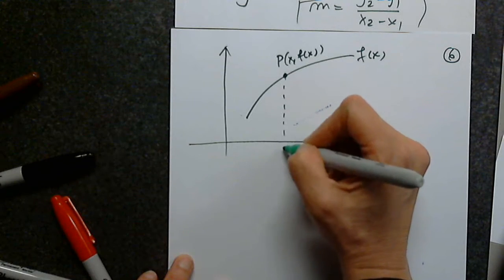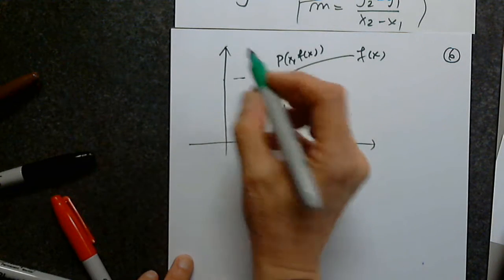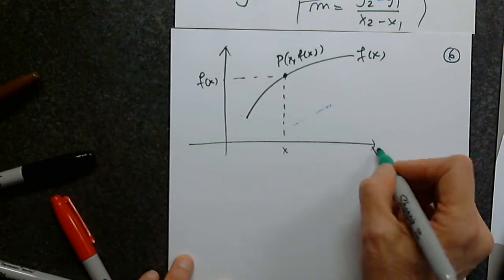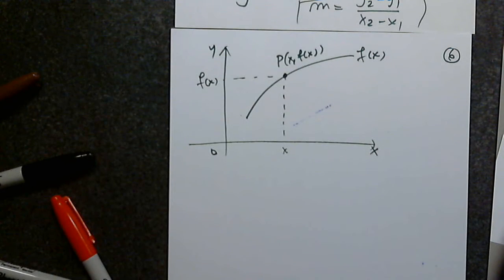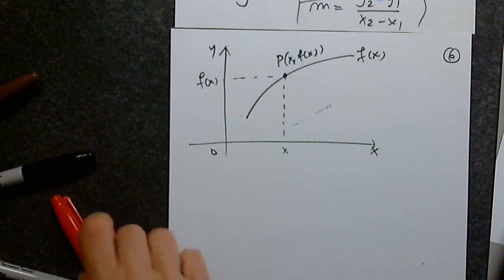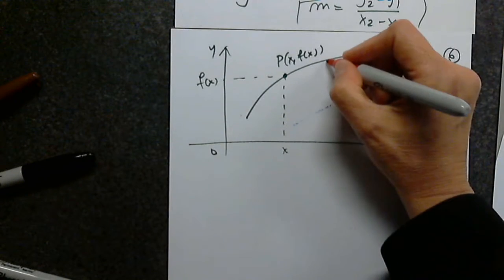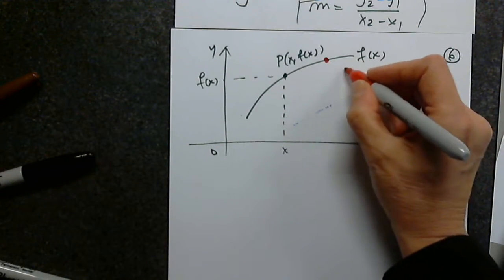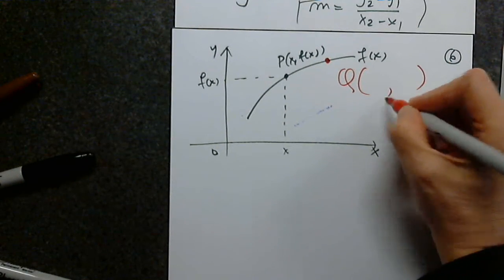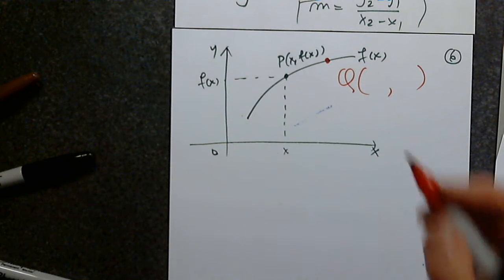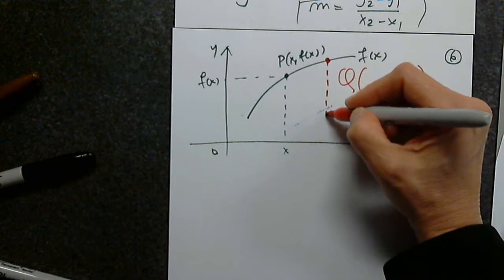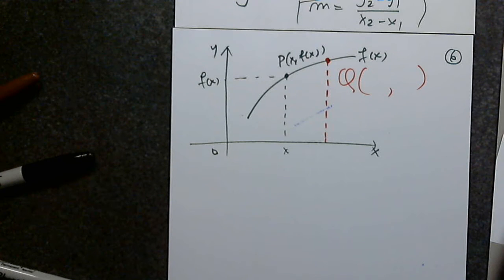I'm going to create another point, and this will be point Q. And I am going to say that point Q is extremely close to P. You can ask how on earth this can be extremely close.